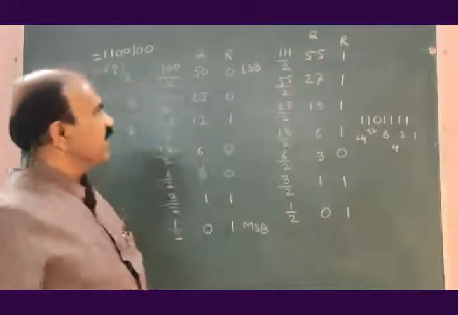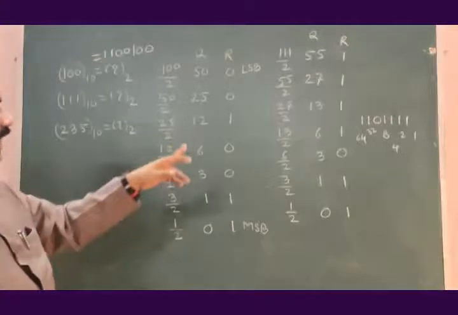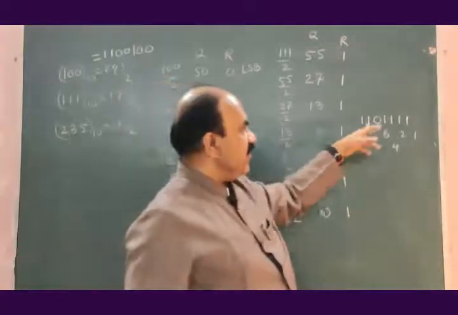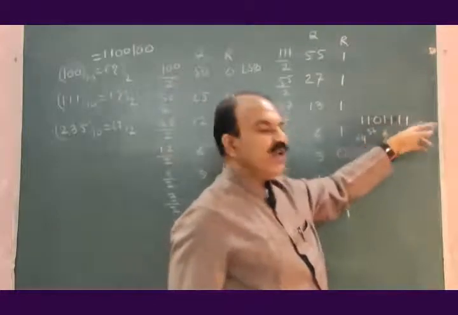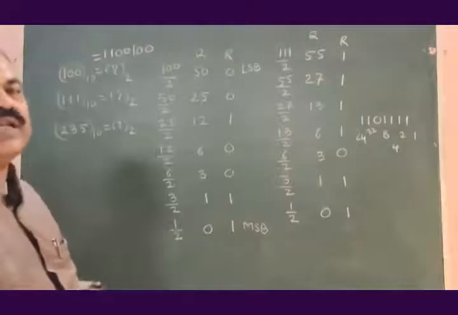So this is how 111 in decimal is converted to binary, which is 1101111. Let us go for the last one, 235.